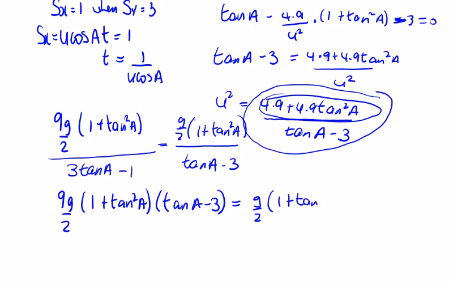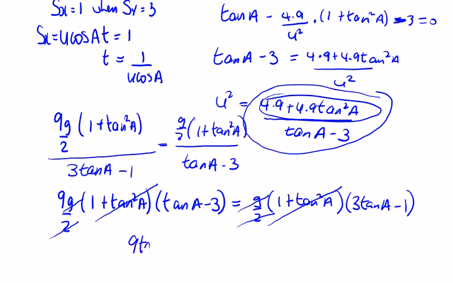And you can see they're all multiplied here, so we can divide by 1 plus tan squared a by 3 tan a minus 1. Bit long-winded, so we can divide by 1 plus tan squared a. We can multiply by 2. We can divide by g, and that leaves on the left 9 by tan a minus 3.